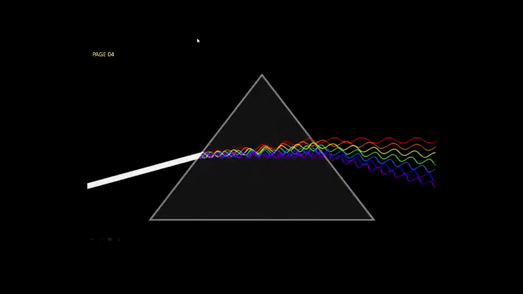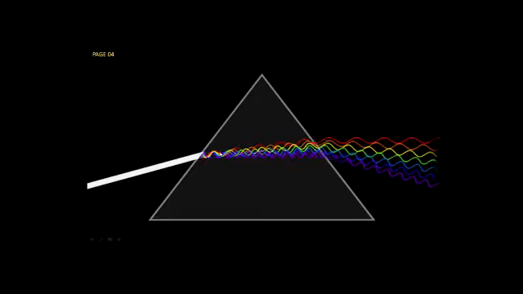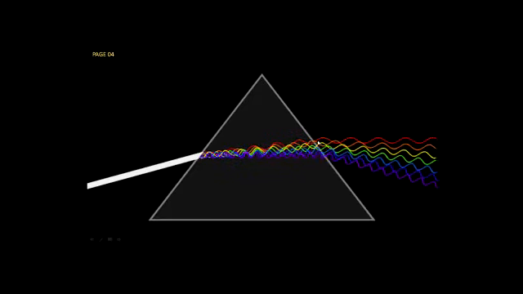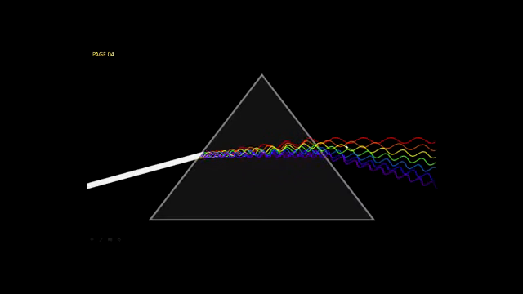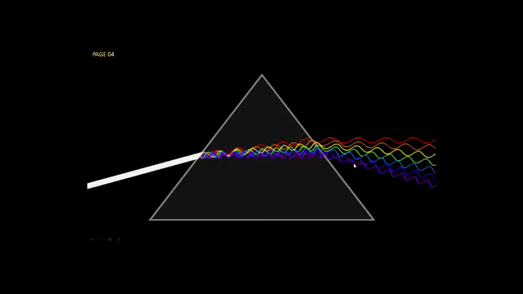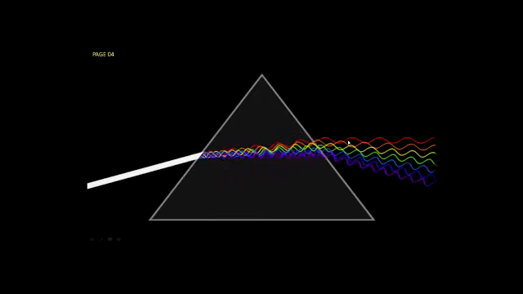All right. Now, as you can see, the red frequencies are not being affected as much. Now, when we increase the frequencies towards the blue light, then those blue frequencies are being affected a tiny bit more, increasingly more.